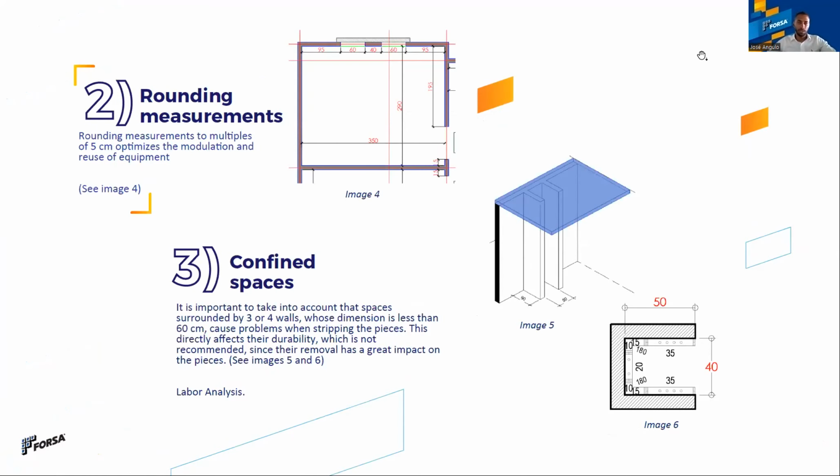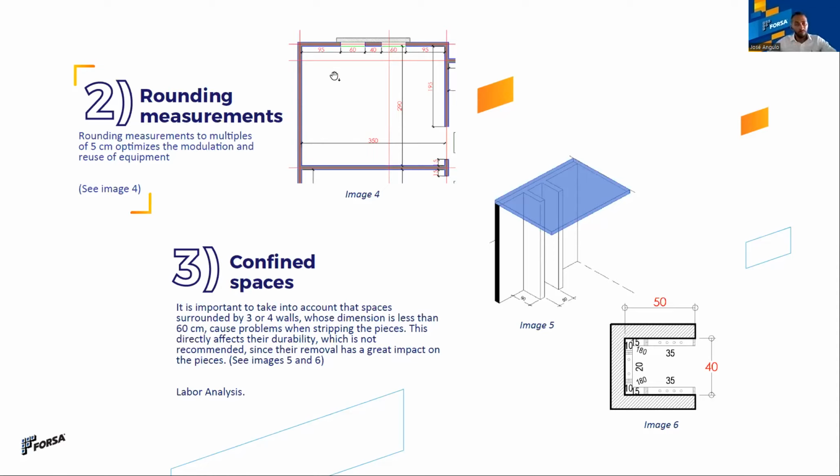Okay, let's talk about this one, which is the confined areas. I'm going to talk about the small areas, and this and the upper part are the rounded measurements. As I talked about before, these rounded measurements are going to be an important part, not exactly for us, it's more for you. Why?